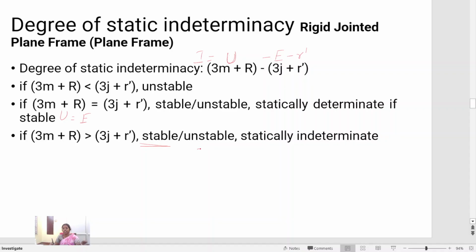If it is not present there, it will lead to instability, but it is statically indeterminate because the number of unknowns is greater than the number of equations. That is why statically indeterminate. Here the number of unknowns equals the number of equations. Here the number of unknowns is lesser than the number of equations. In that case, you can understand that some member is not available. That's why it is unstable.